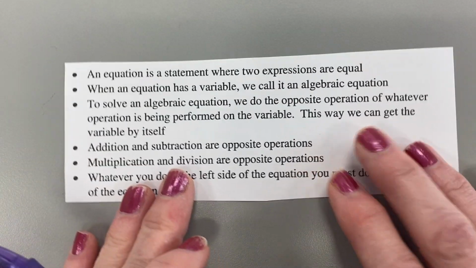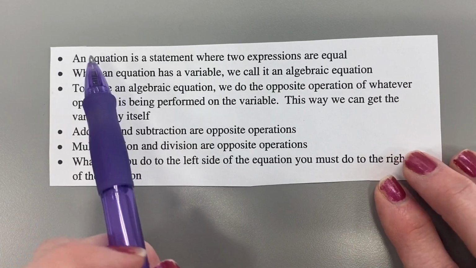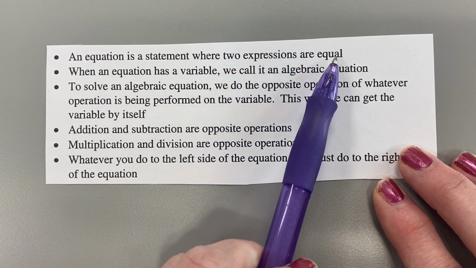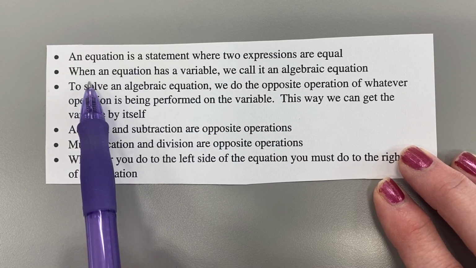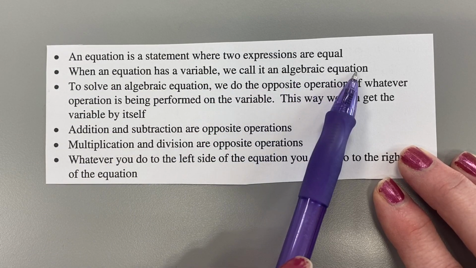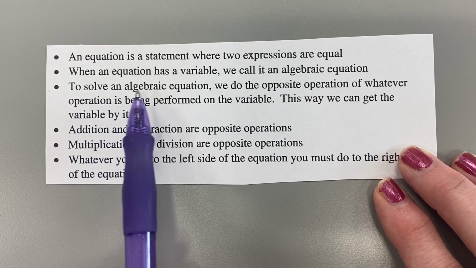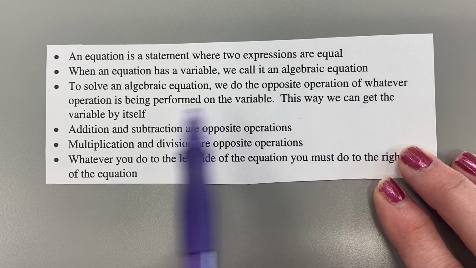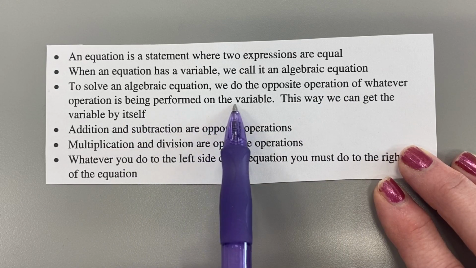So to finish this video off, a couple things here to read. First here it says, an equation is a statement where two expressions are equal. When an equation has a variable, we call it an algebraic equation. To solve an algebraic equation, we do the opposite operation of whatever operation is being performed on the variable.